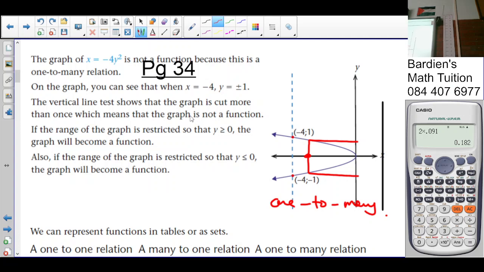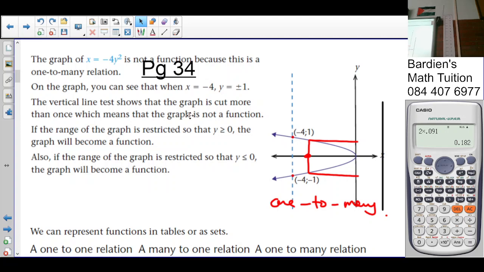Make sense? So the graph, you can see that when x is equal to -4, y is plus or minus 1, as you can see, the points indicated there. The vertical dotted line shows that the graph cuts more than once, which means the graph is not a function.